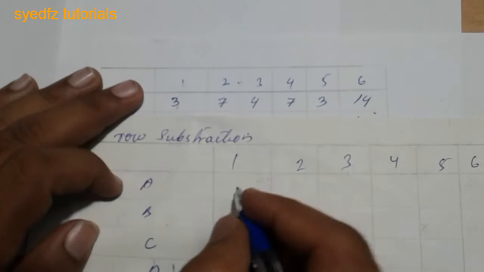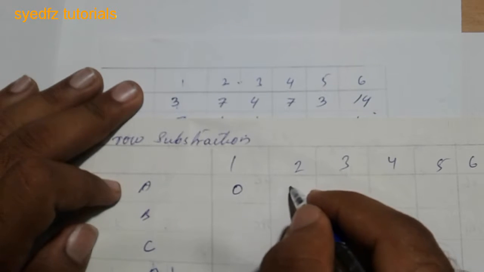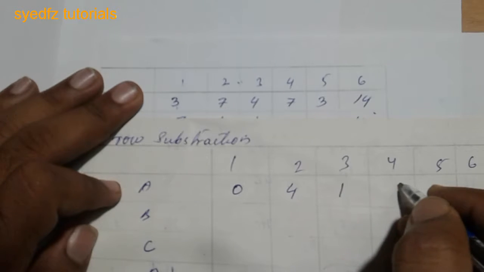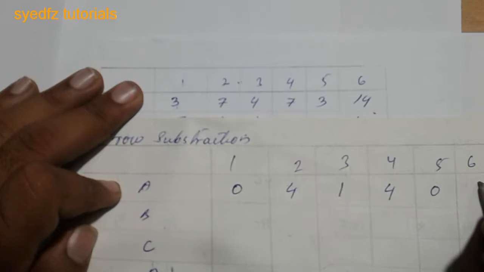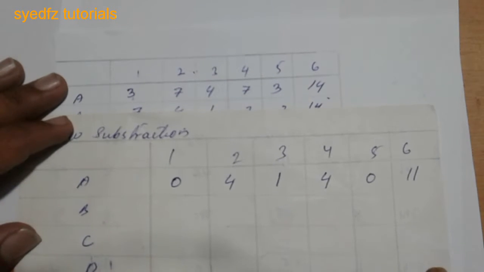Deduct this row: 3 minus 3 is 0, 7 minus 3 is 4, 4 minus 3 is 1, 7 minus 3 is 4, 3 minus 3 is 0, and this is 11. Now the second row.